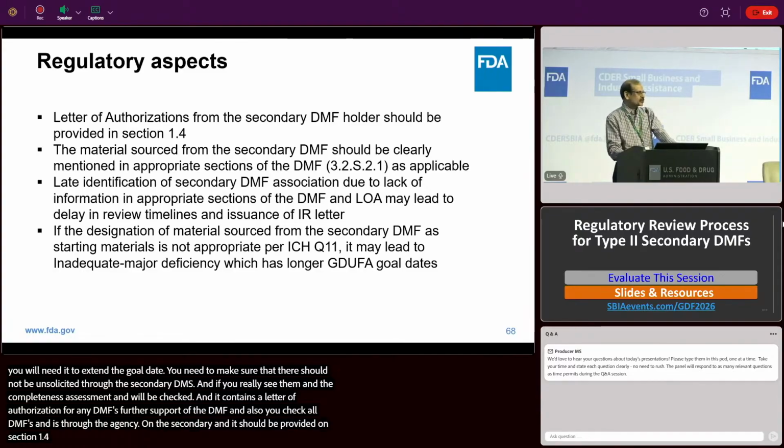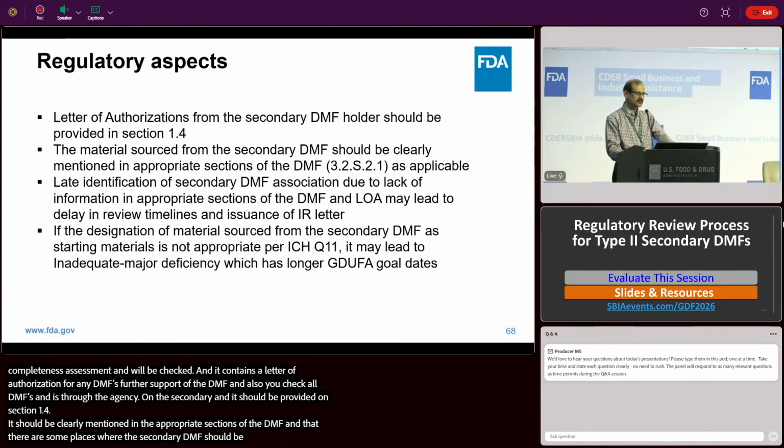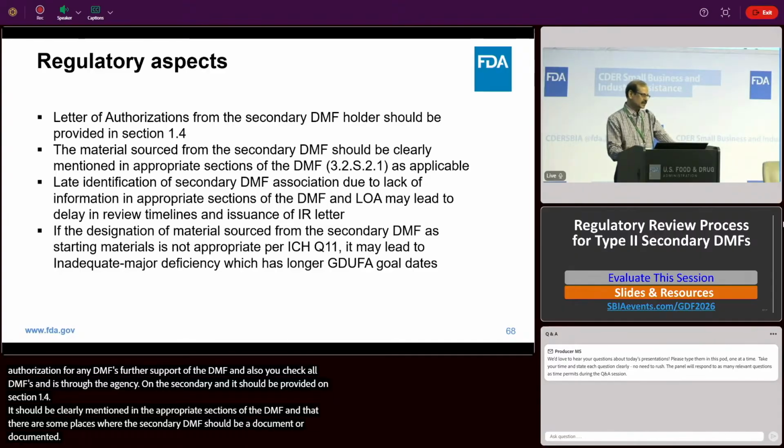Also, the material sourced from the secondary DMF should be clearly mentioned in appropriate sections of the DMF. As Erin pointed out, again, there are some places where the association of the secondary DMF should be documented, like Form 3938, and also the cover letter. Another place is 3.2.S.1, because this is very important for us to look at the facilities involved in the manufacturing process of the drug substance.